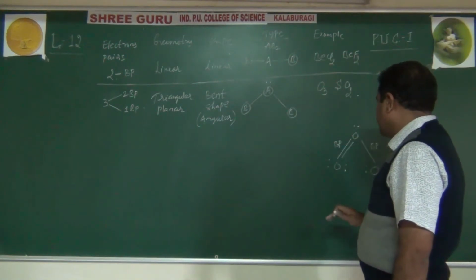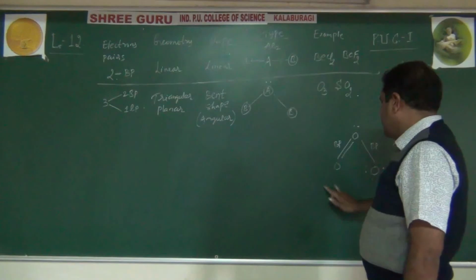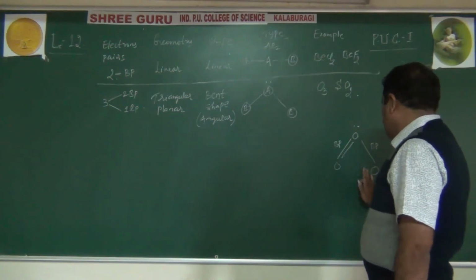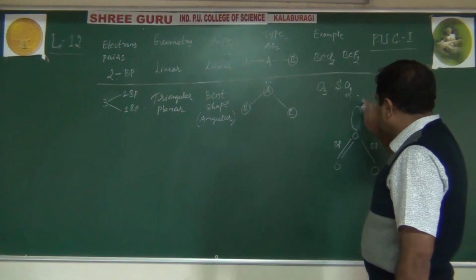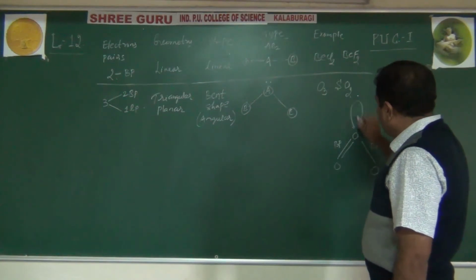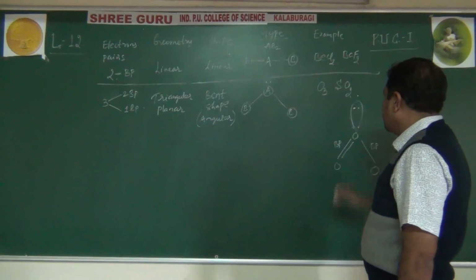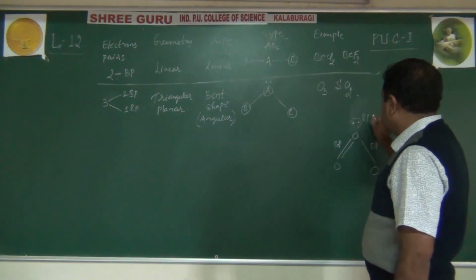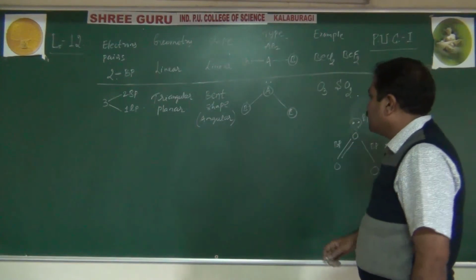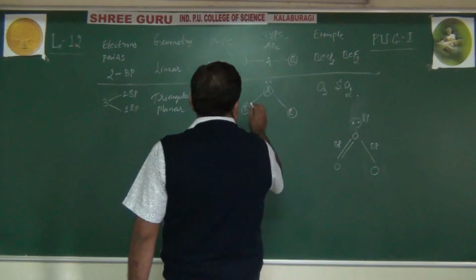Remember. So no need to write this because you get confused over here. Because our aim is due to this lone pair. See, BP, and this is only LP. So it is what? Bent V shape.